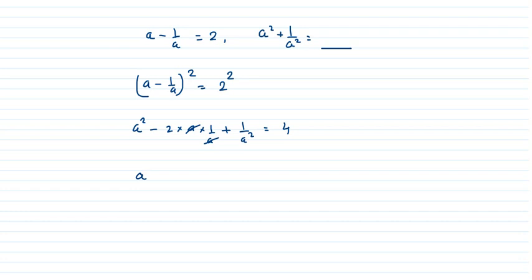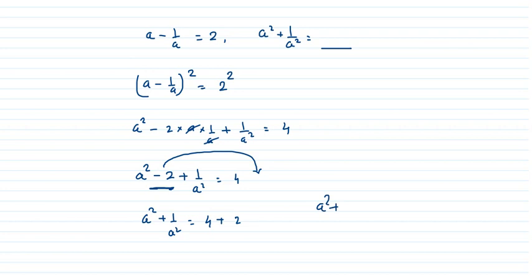Now a square minus 2 plus 1 upon a square is equal to 4. a square plus 1 upon a square is equal to... see, this is a minus sign. Please make sure people will make it 4 minus 2. No, it's not like that. This minus 2 will come to the opposite side and become plus. That means 4 plus 2. So what will be your answer? a square plus 1 upon a square is equal to 6.